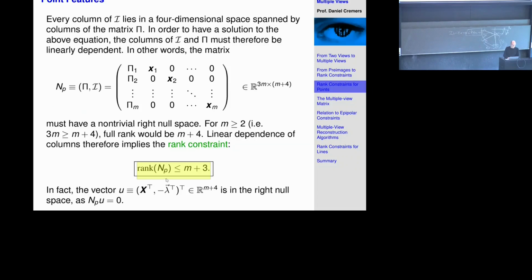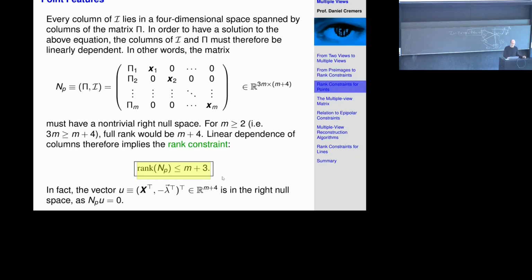By imposing this rank constraint, what do we gain? We get a constraint that contains what? The 2D coordinates that we have and the camera parameters. So no 3D coordinates, large X, and no lambda values. And so this is how you can use the notion of matrix rank constraints, saying the rank of a matrix that will in general have rank m plus 4 can only have m plus 3.